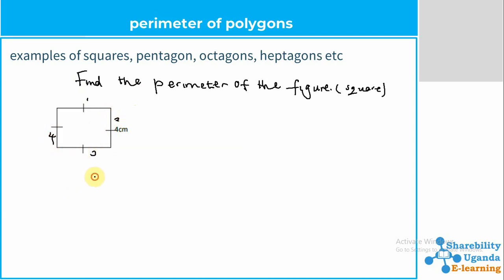So this means that our perimeter P is going to be equal to our side plus our side. We have said there are how many sides? There are 4 sides. So if we have one side being equal to 4 centimeters, when it is a square, our perimeter should be equal to 4 plus 4 plus 4 plus 4. That is how many times? 4 times.